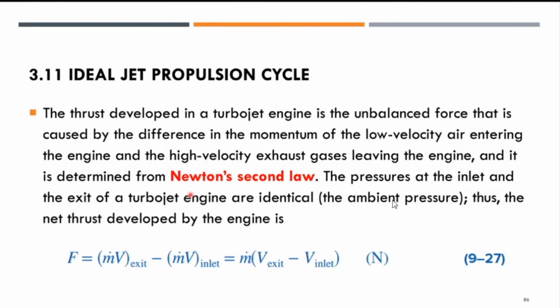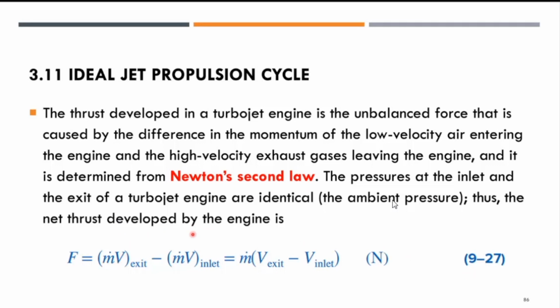Okay, you can recap from our lecture number 2. The pressures at the inlet and the exit of the turbojet engine are identical. Okay, it is ambient pressure. So the pressure exiting the nozzle will be the same as the pressure going into the inlet, and thus the net thrust developed by the engine can be expressed by equation 9-7.